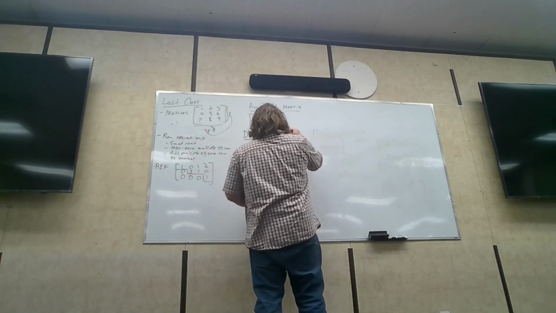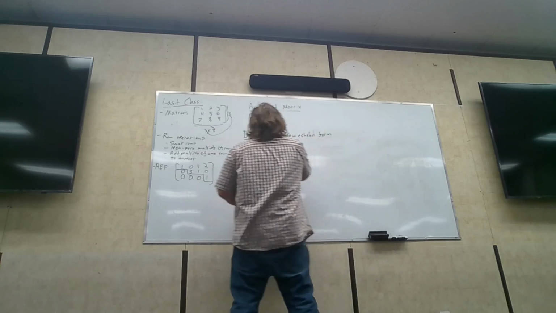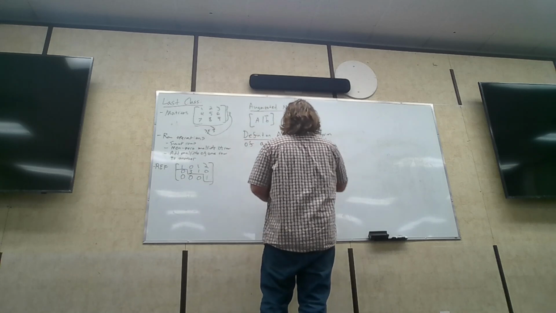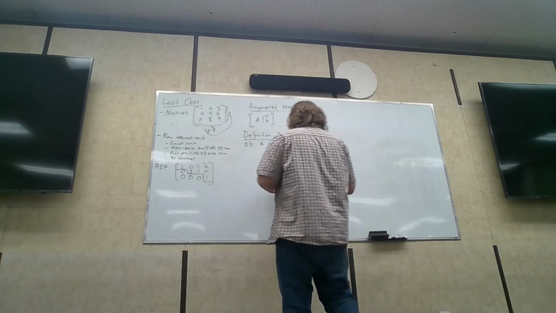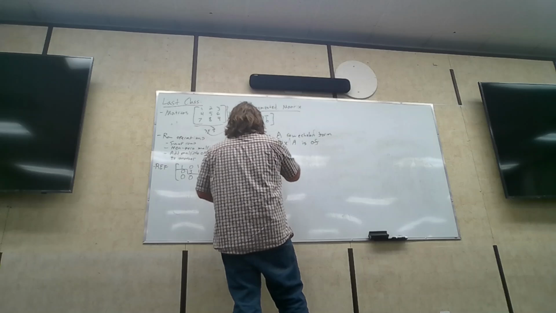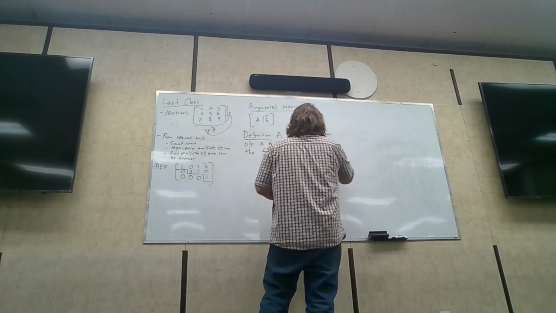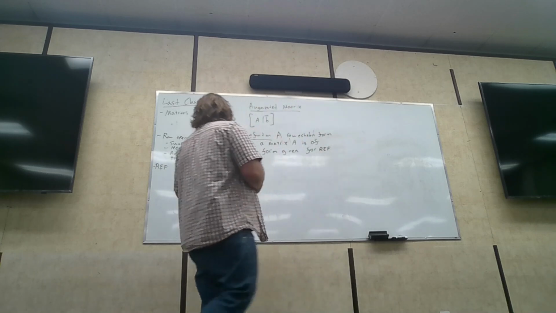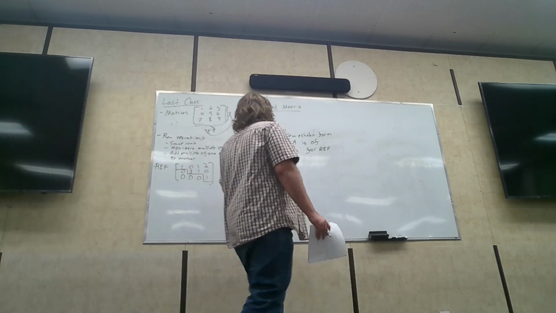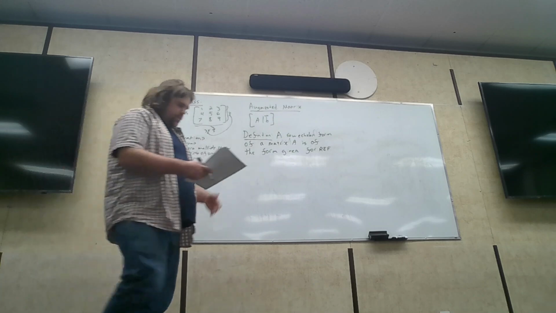So a row echelon form of a matrix A is something that looks like this, of the form given for row echelon form. So this is just distinguishing between hey, this is just a shape that we can talk about. This is saying we're going to say a matrix is in row echelon form or has a row echelon form if we can make it look like this.